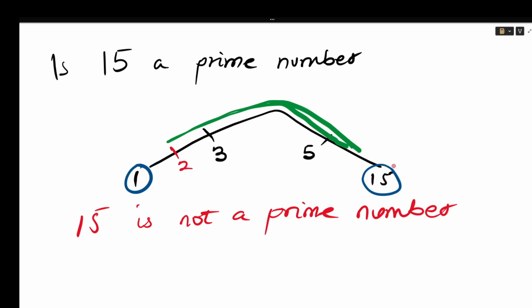I hope it's clear. So once you have your 1 and the number itself at the ends, if you find any other number in between, then we can say that that number is not a prime number. So in our definition, we can list our prime numbers.